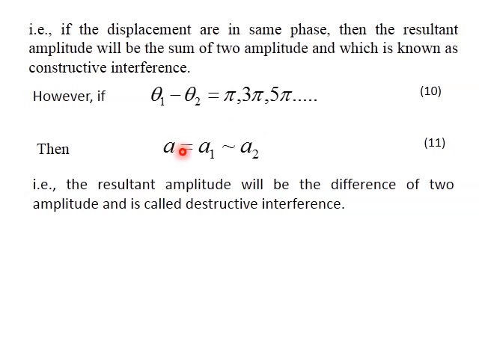So that's why A = A1 − A2. We can say that the resultant amplitude will be the difference of the two amplitudes, and this is called destructive interference. So when A = A1 + A2, that was constructive interference. When A = A1 − A2, this is destructive interference. Okay, very good.